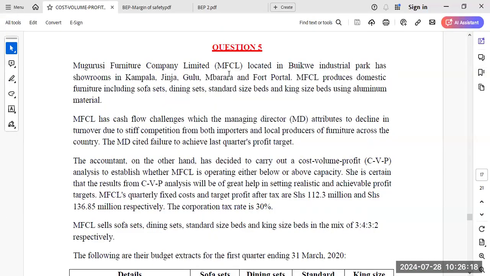This is MFCL, that is Mugurusi Furniture Company Limited, located in Buyukwe Industrial Park, has showrooms in Kampala, Jinja, Gulu, Mbarara, and Fort Portal.